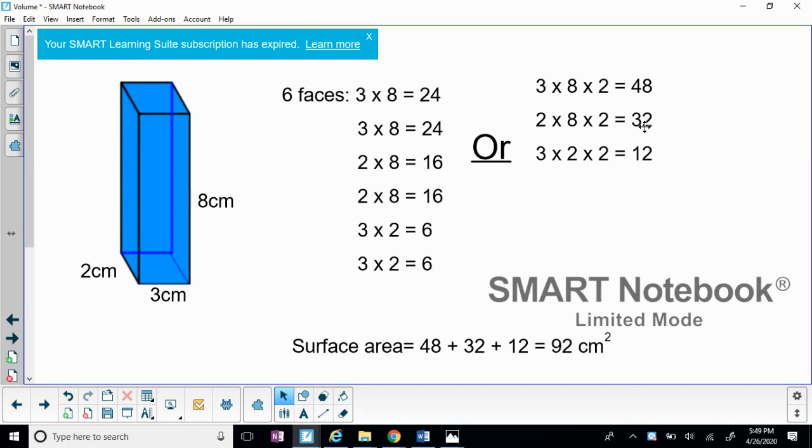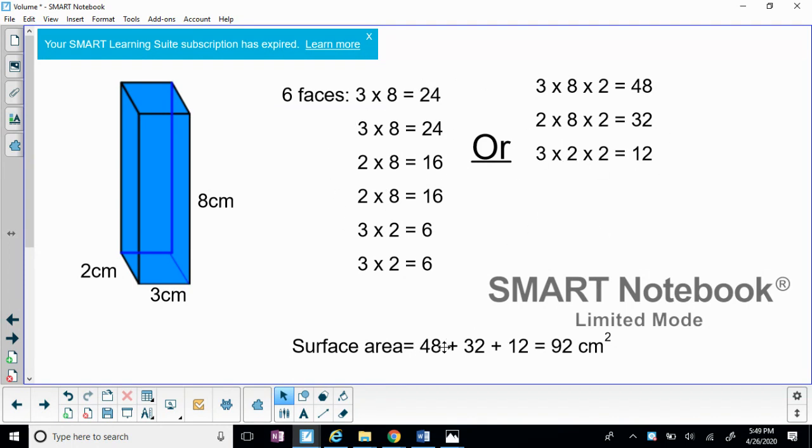Okay? And you guys get the idea. So for the last face, the top and the bottom, 3 times 2, instead of going 3 times 2, 3 times 2, it's 3 times 2 times 2. Okay? So there is the area for all 6 faces. I just added multiplying by 2 to cut this in half.